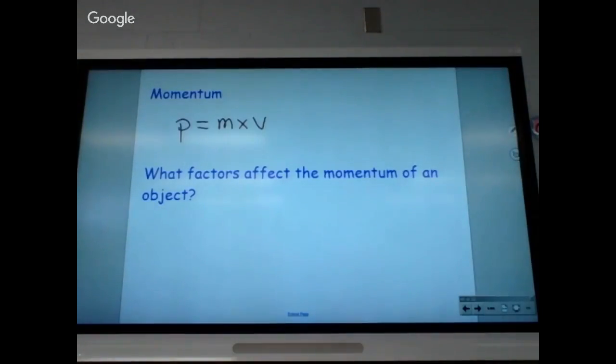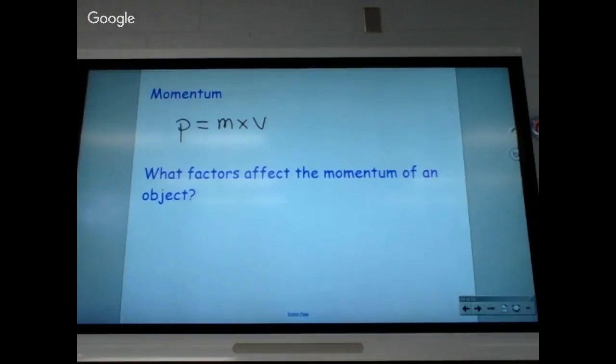P equals MV. Now, why are we using the letter P for momentum? Does momentum have any letters P in it? No. M, we use the letter M for what? Mass. N is moles, so we have that already assigned in chemistry. So we don't use N for momentum. T, we all know is what? Time. So there are no other letters in it except E, and we don't use vowels.